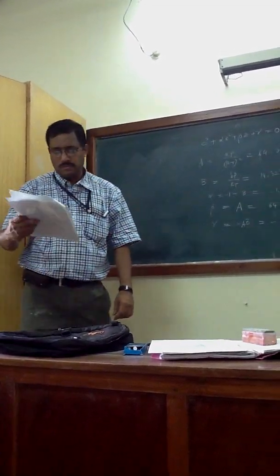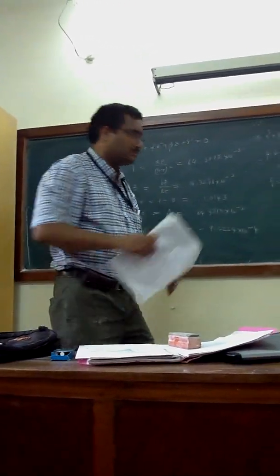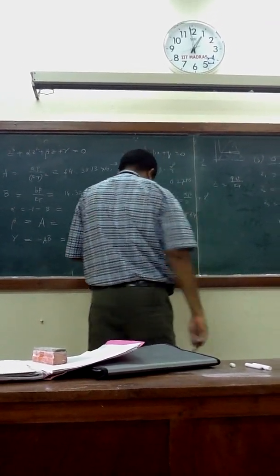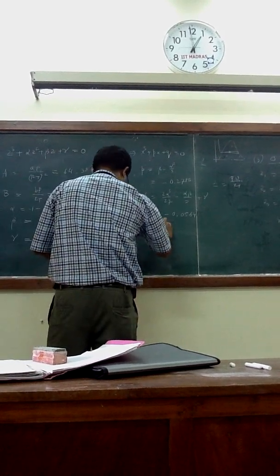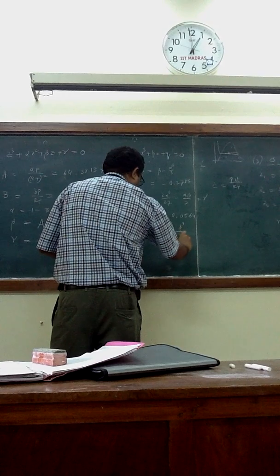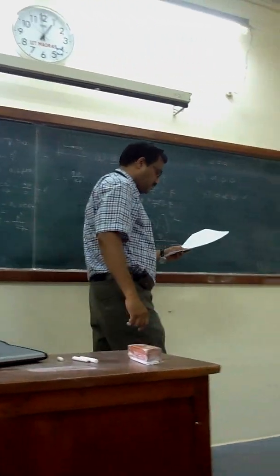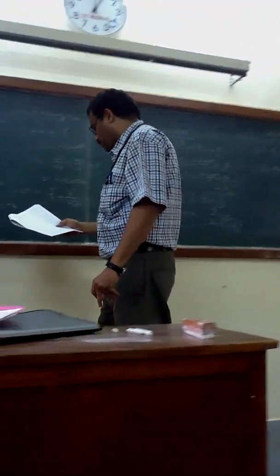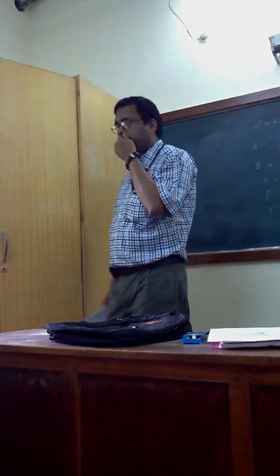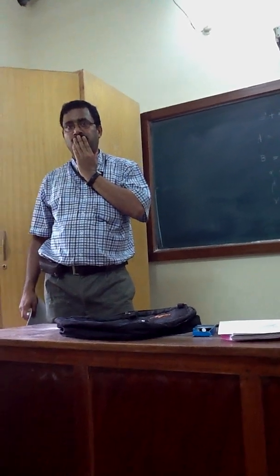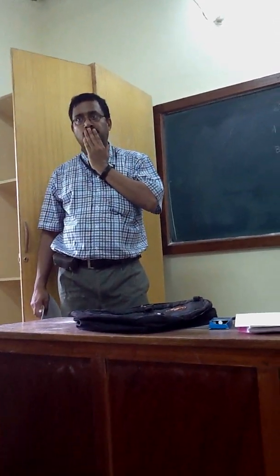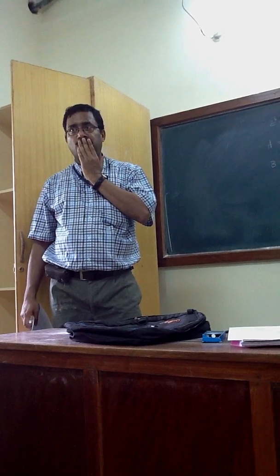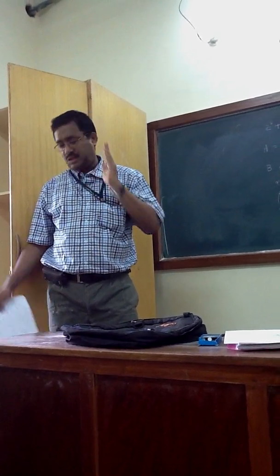How much is it coming? Q equals to minus 0.0564, and delta equals to Q square by 4 plus P cube by 27.